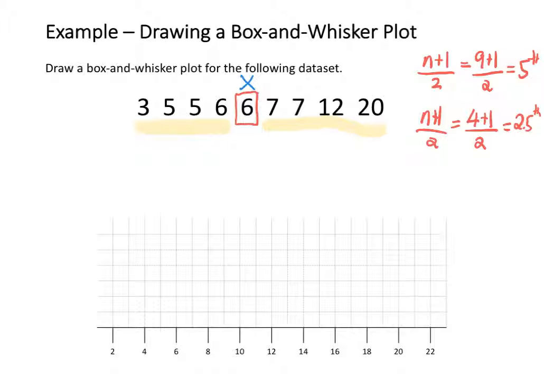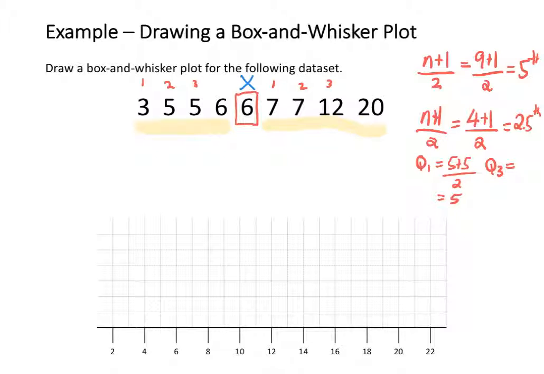Looking at the first half, 1, 2, 3. My 2.5th term is going to be in between 5 and 5. So quartile 1 is equal to 5 plus 5 divided by 2, which is equal to 5. Doing the same thing to find quartile 3, starting at the first number in the second half, 1, 2, 3.